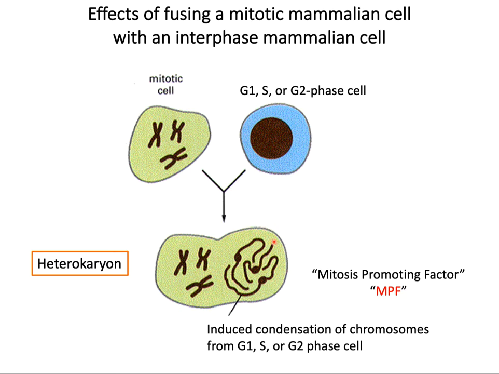So you see condensation, and that tells us there is some kind of a factor in the mitotic cell that can induce this condensation of the DNA from the G1, S, or G2 phase. And for a long time before the scientists discovered what this controlling factor was, they called it mitosis promoting factor, or MPF.